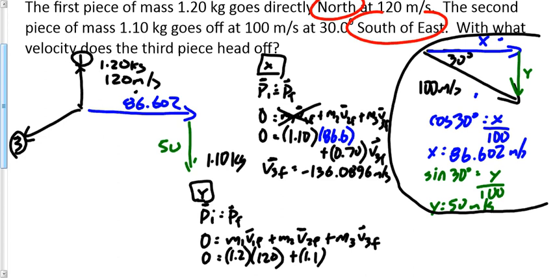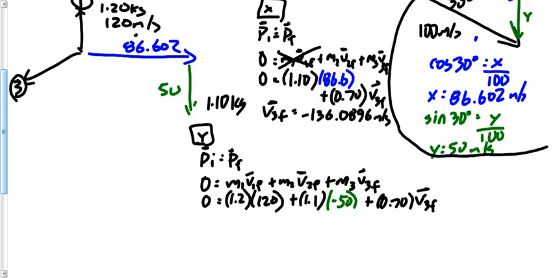Except we're going to make it negative because it's downward, right? And M3 is still 0.70 as V3F. And for that we get negative 127.